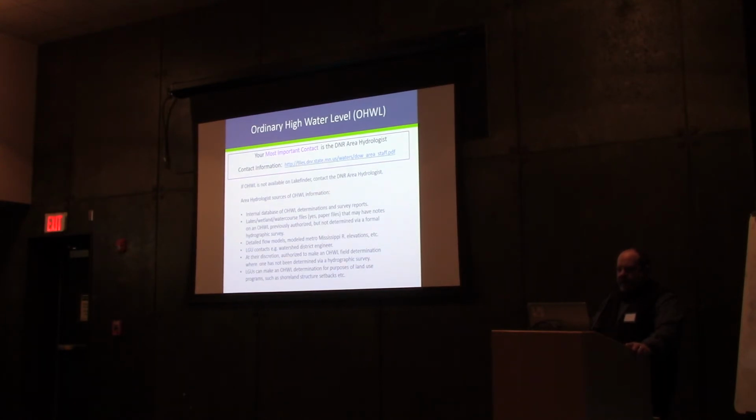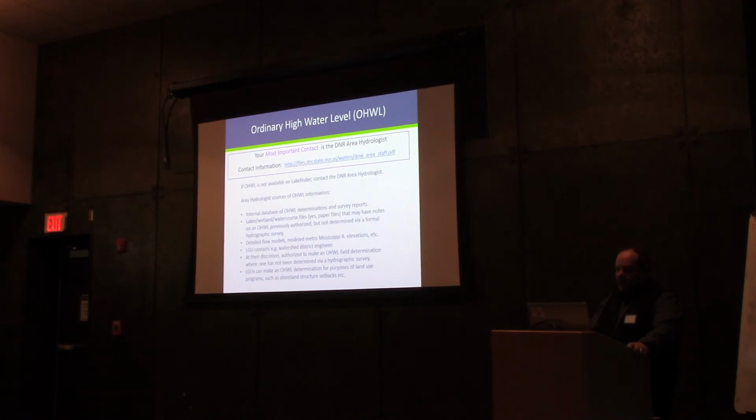Within the DNR, with their floodplain mapping, there might be access to detailed flow models. So the area hydrologist can make a call to another DNR employee and say, hey, do you have a model for whatever?